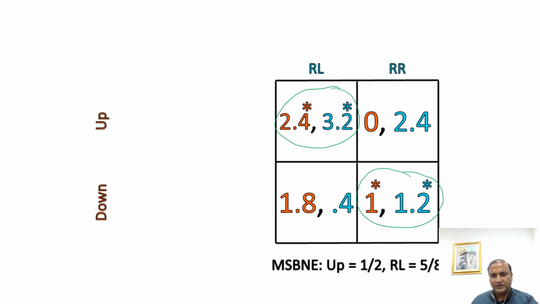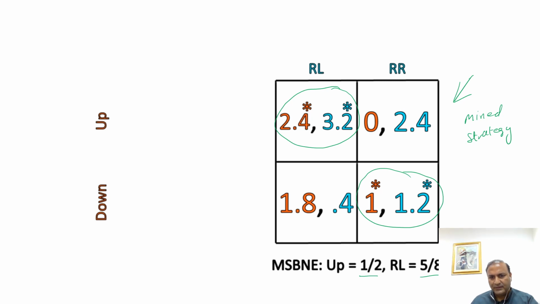Remember, there are 3 Nash equilibria, so one will be in mixed strategy. If you do the calculation for the mixed strategy, you will find that with probabilities 1/2 and 5/8, there is a mixed strategy Nash equilibrium.